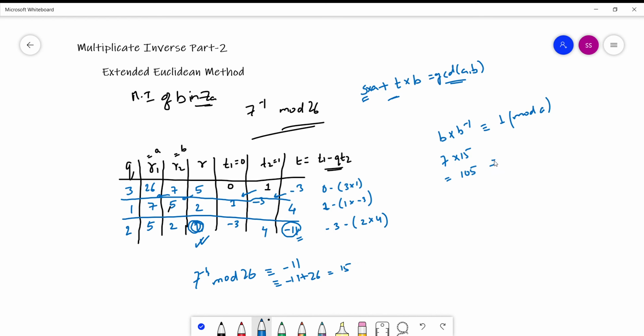You know that A here is 26, so if you multiply 26 by 4, you will get 104. So 105 is definitely 1 mod 26. So this is the third method to find the multiplicative inverse of a number.